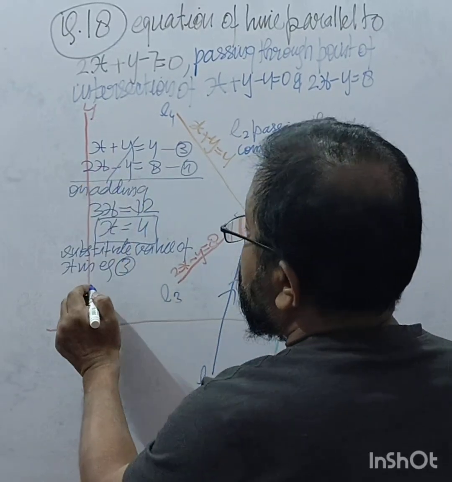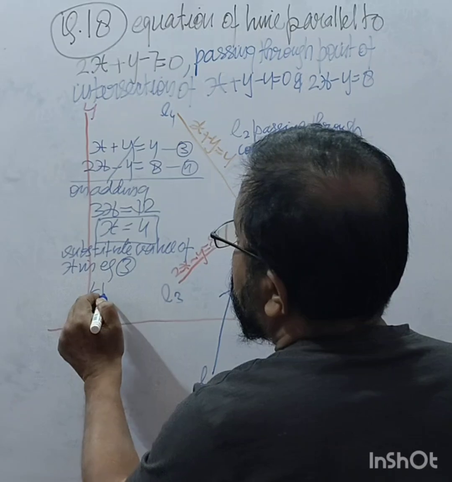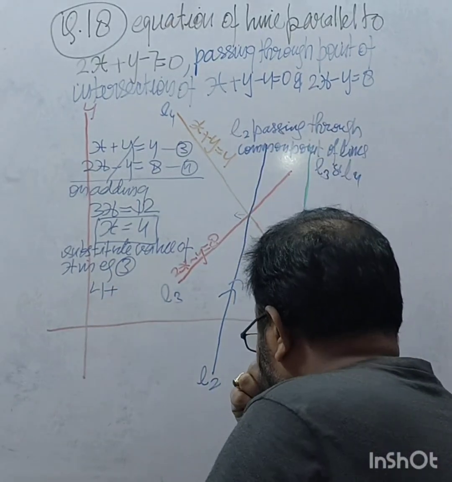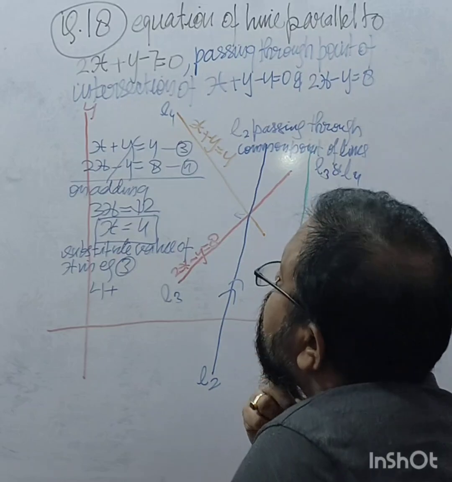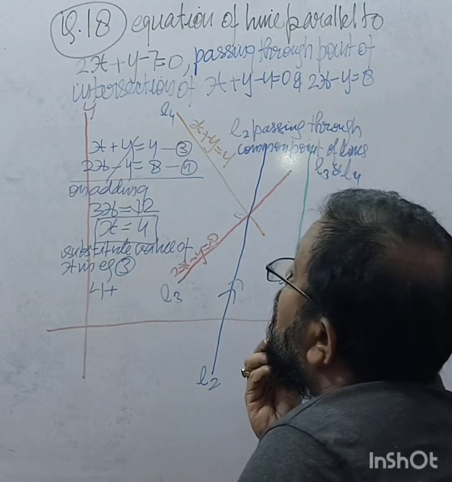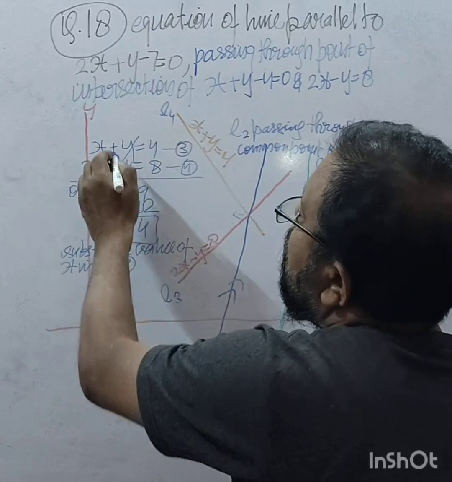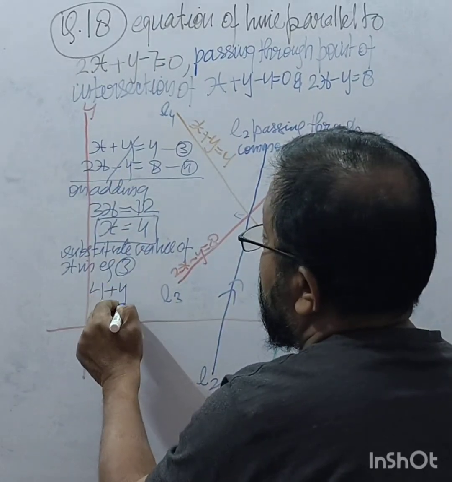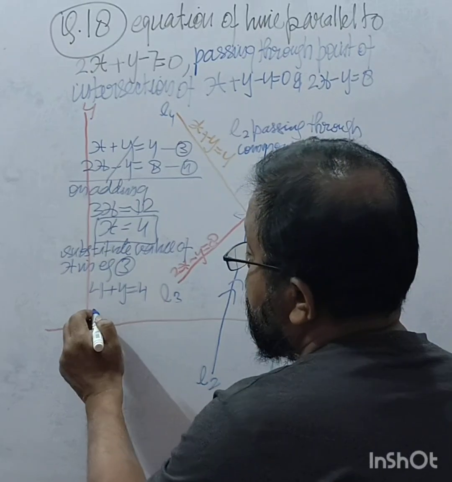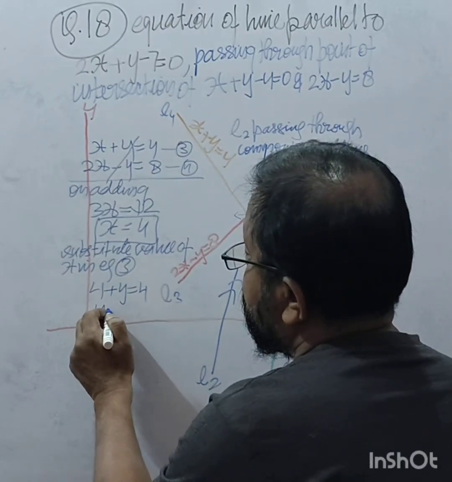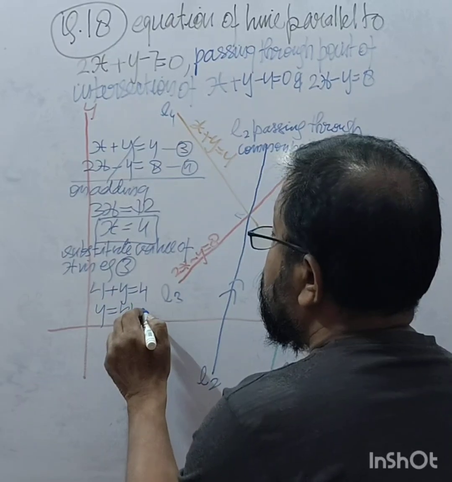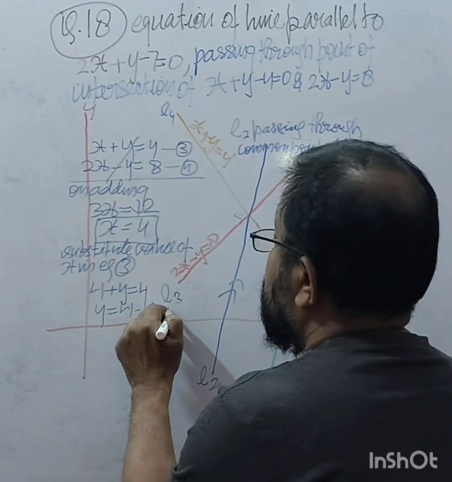So it is 4 plus y is equal to 4. So y is equal to 4 minus 4, which is equal to 0.